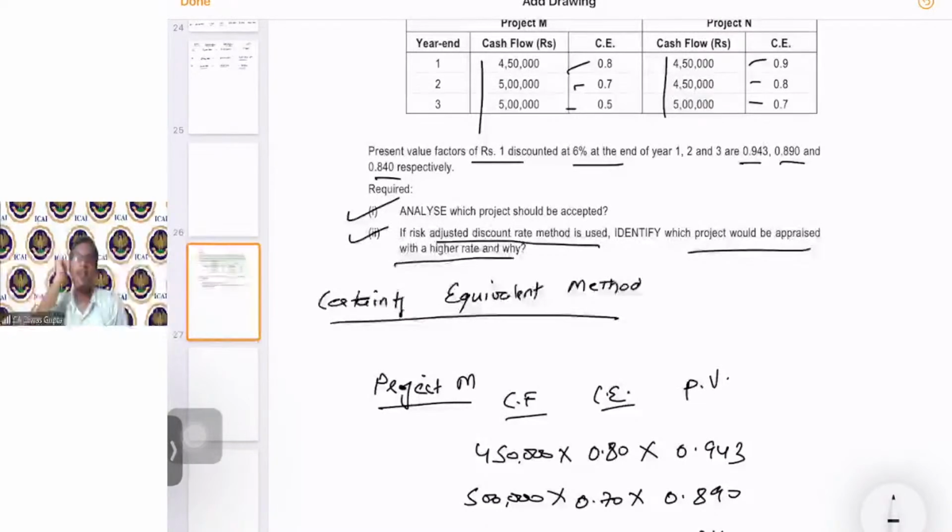How can we derive that? Ultimately, if the project is higher in risk, the certainty equivalent coefficient would be lesser. Correct? Because lower the certainty equivalent coefficient, higher the risk. Correct?